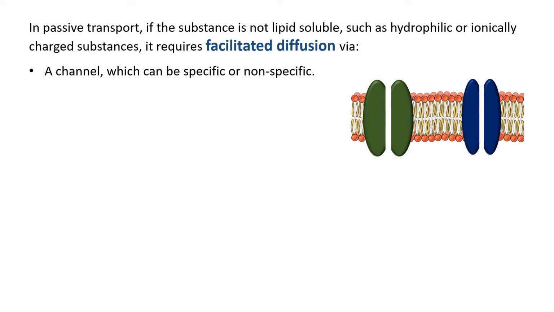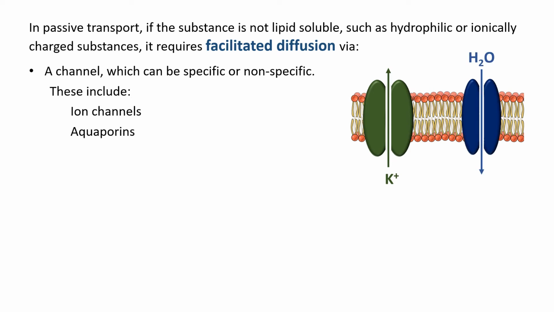Those channels can be specific for one thing, or they can be non-specific, or even partially specific. So an example might be ion channels. This ion channel we've got here is specific for potassium. Or aquaporins. Aquaporins are water channels. They allow water through.